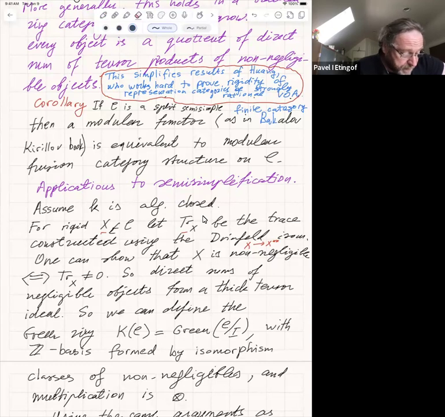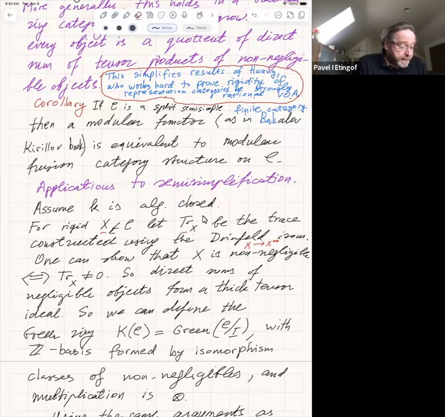But there is a canonical map from X to X double dual, the Drinfeld isomorphism, defined even without the ribbon structure, even though it won't be a tensor morphism. And then one can show that X is non-negligible if and only if this trace is not zero.